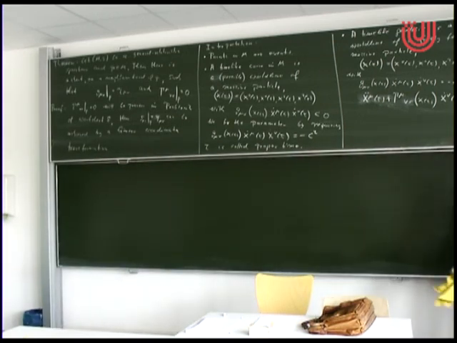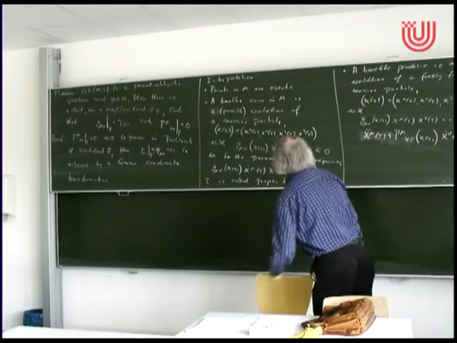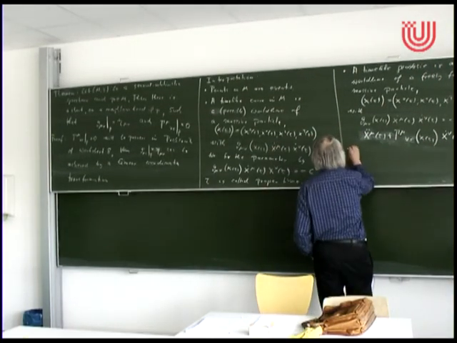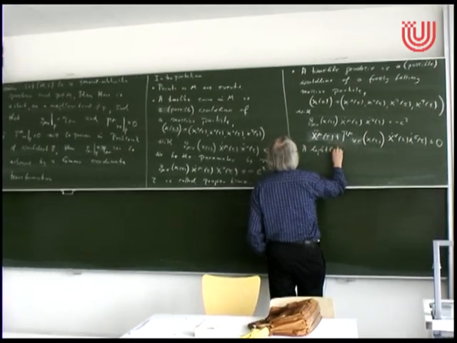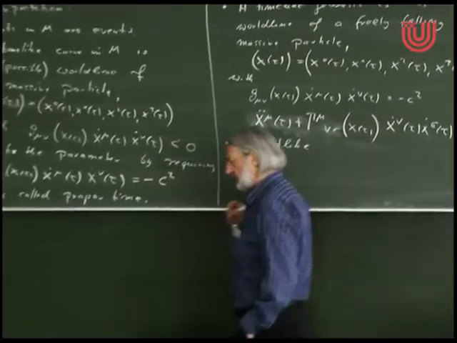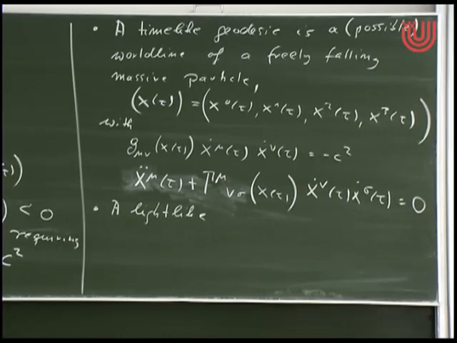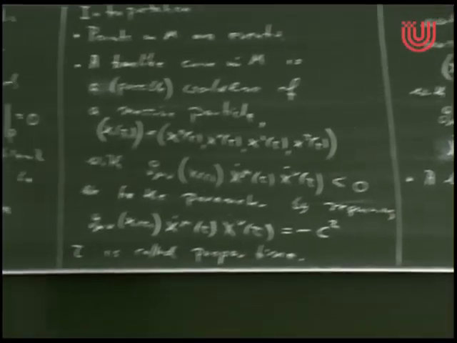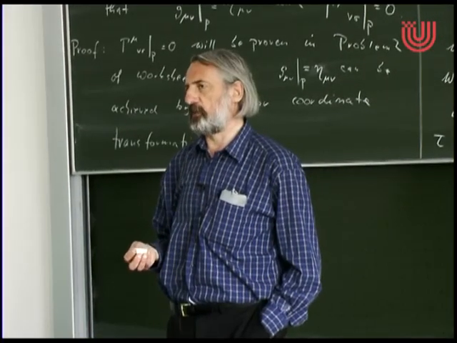Okay, so that's the next point. A light-like geodesic. And here we only consider geodesics. Of course, we could also consider light-like curves which are not geodesics. This would be objects moving at the speed of light, but being influenced by something in addition to gravity. There's not much physical relevance to this.